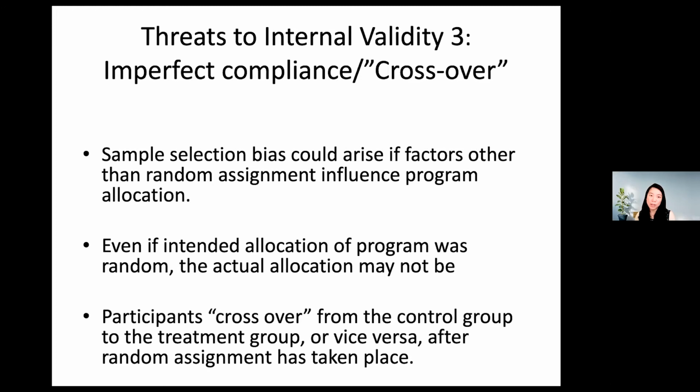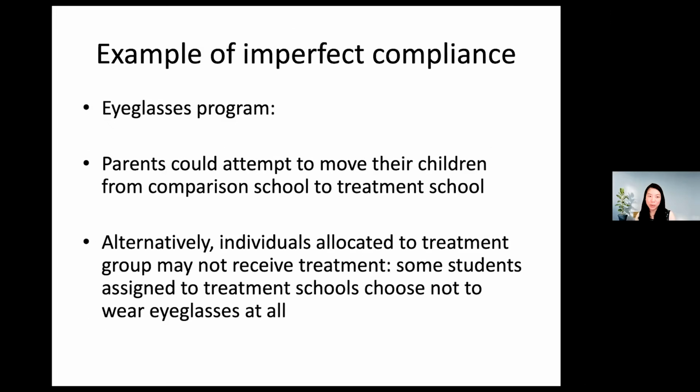The third threat to internal validity is called imperfect compliance or crossovers. So the example could be that students basically don't listen, right? They're not perfect compliers to your randomized controlled assignment. So for example, the eyeglasses program.